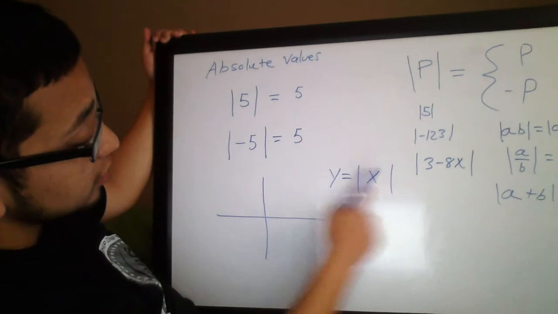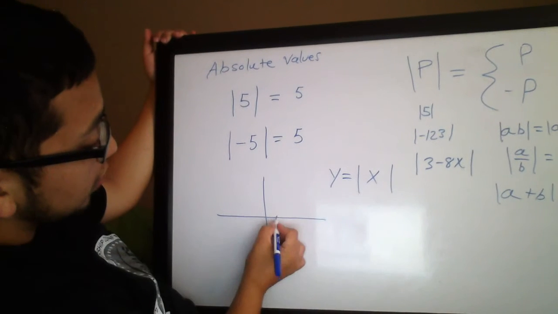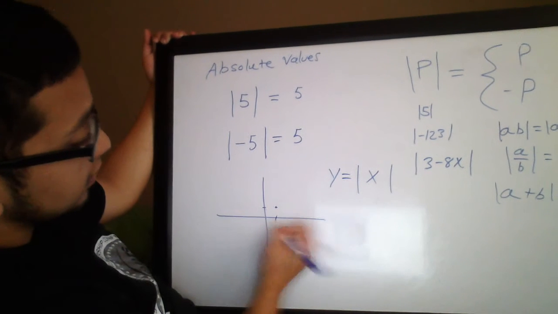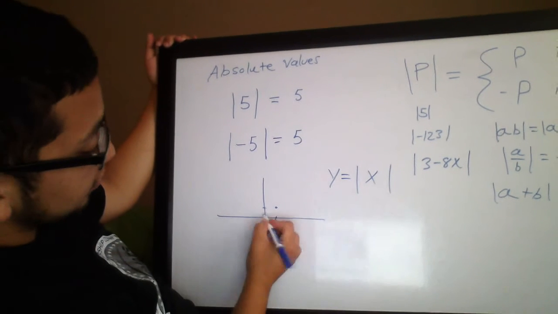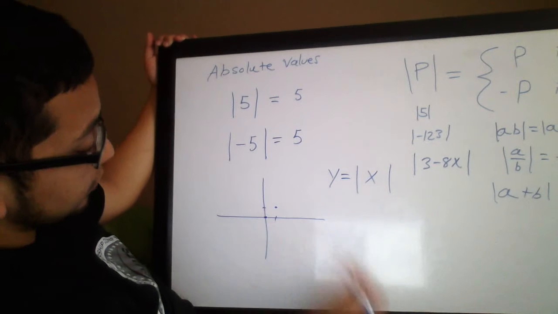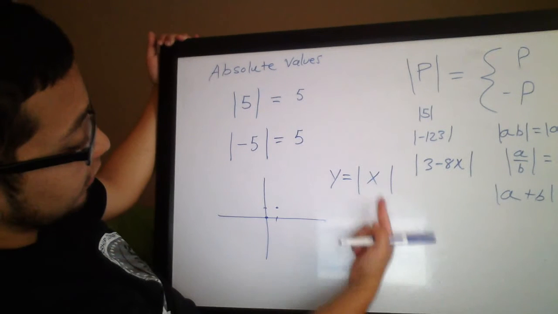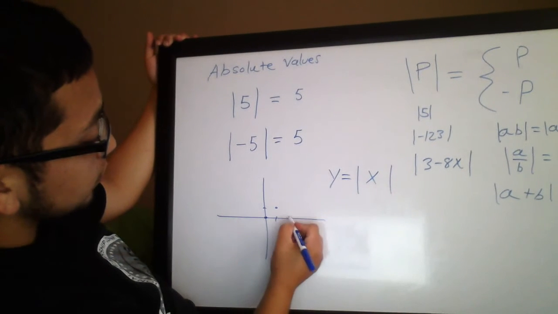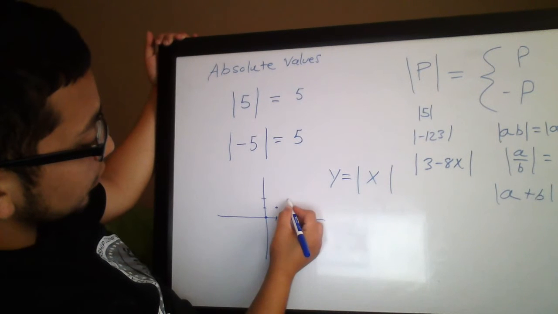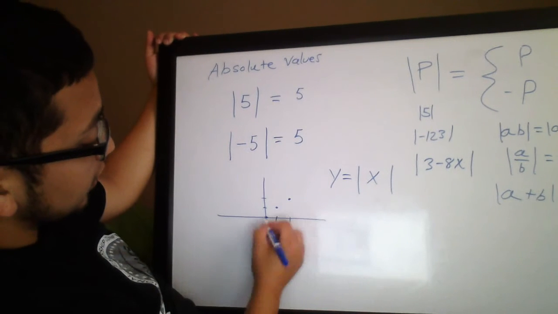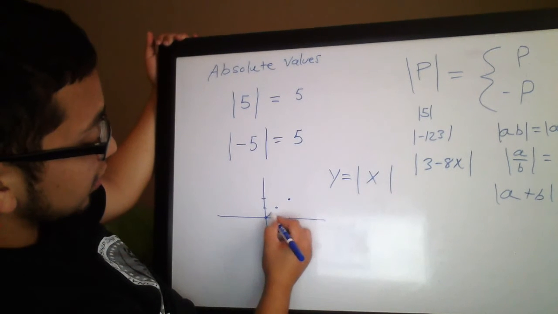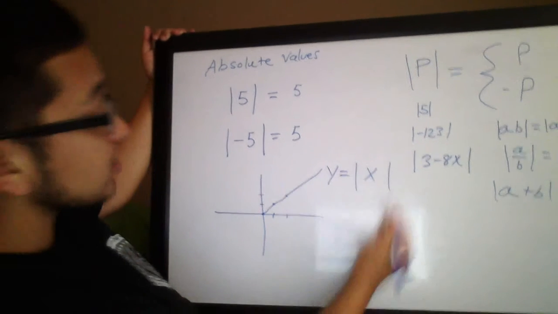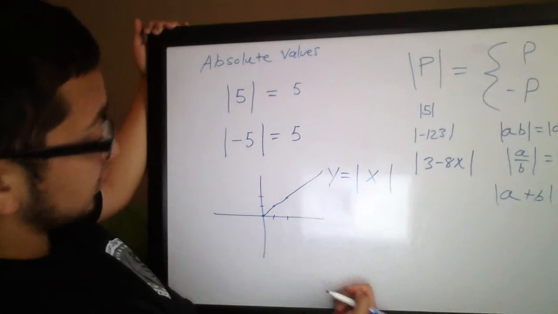If x is 1, y is 1. So 1, 1, there's a point right here. X is 0, y is 0. There's a point at 0, 0. If x is 2, y is 2. So 2, 2, there's a point right here. And what happens is there's just a straight line like that. Those are for positive x's.